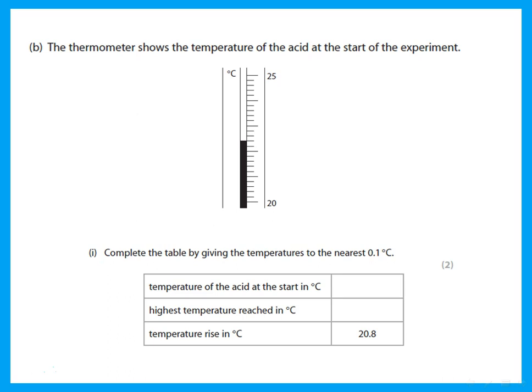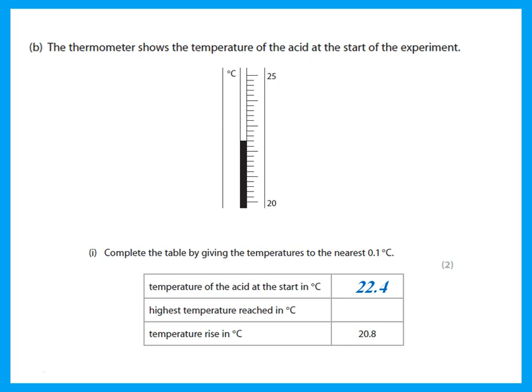Then he says the thermometer shows the temperature of the acid at the start of the experiment. Complete the table by giving the temperatures to the nearest 0.1. Please pay attention. How many decimal places does he want? So here he wants 1 decimal place. So the temperature at the start is 22.4.